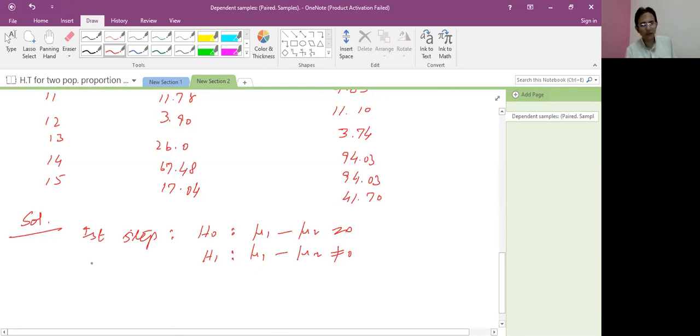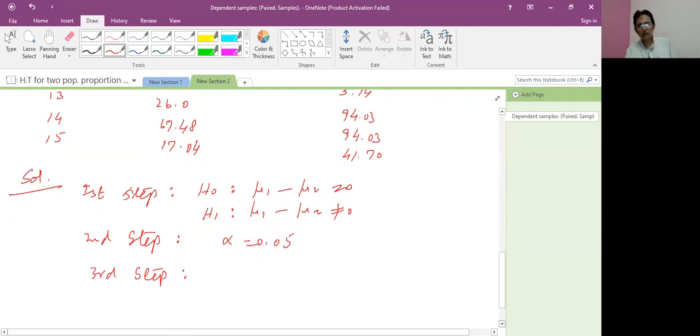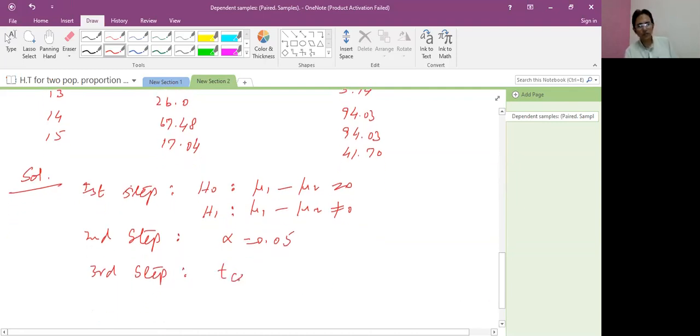What is alpha? Second step. Alpha is 0.05. Then we apply the t statistic, because in paired observation data we apply the t test only. So the t calculated value is d bar minus mu d, whole upon SD over root n.